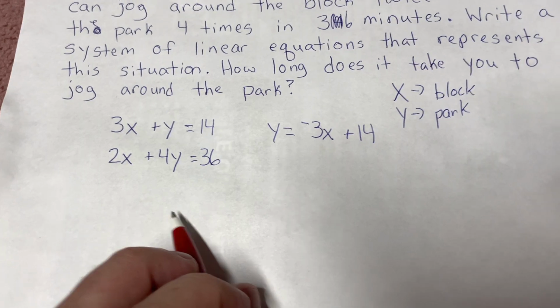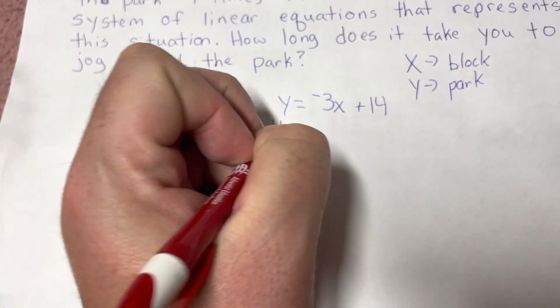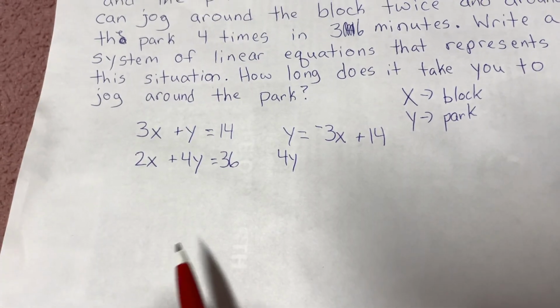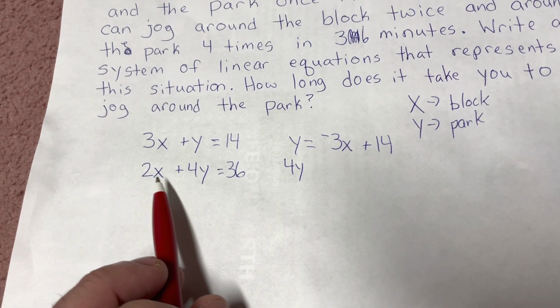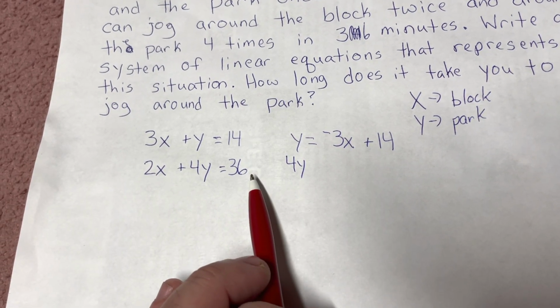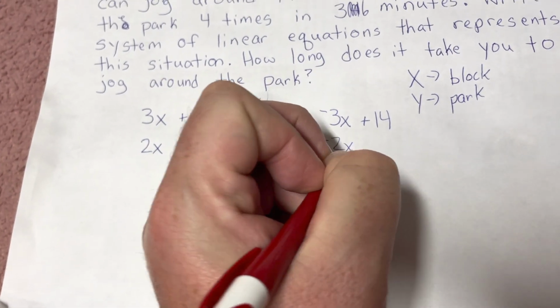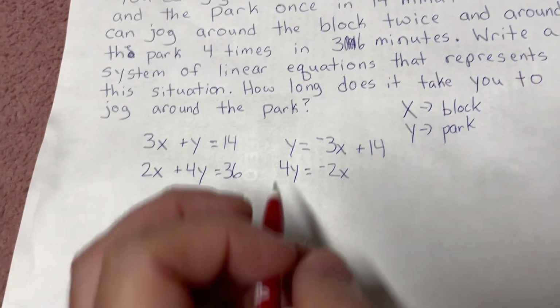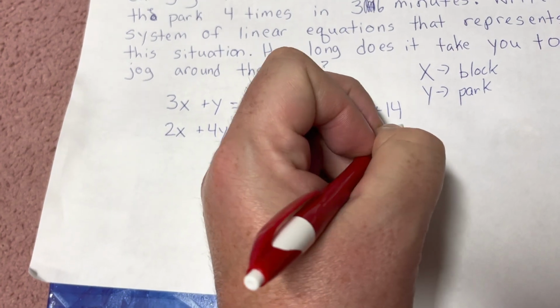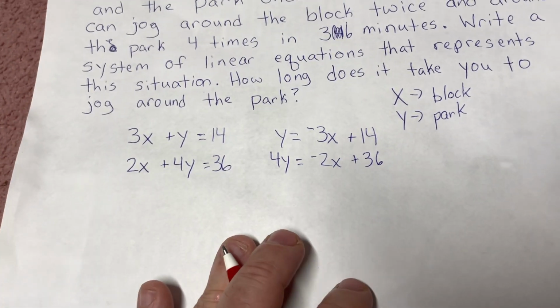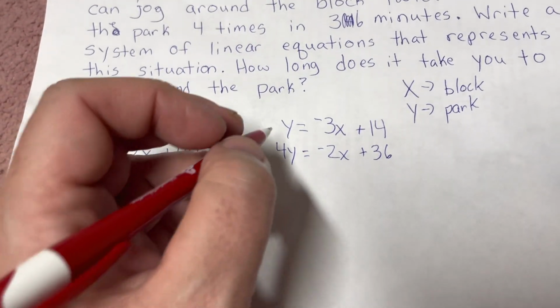I'm going to come over here, same thing. I'm going to have 4Y, okay? I'm going to subtract the 2X from both sides. There's nothing to subtract the 2X from, so it's going to be negative 2X plus 36. I need to divide everything by 4.